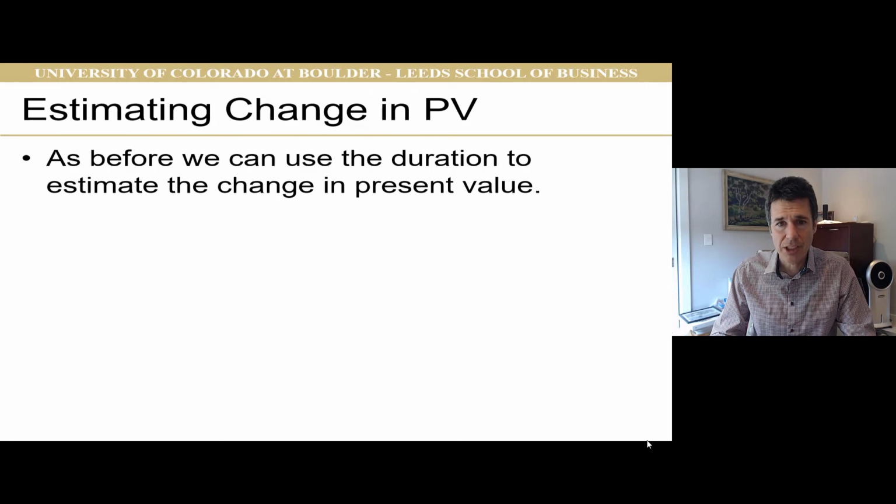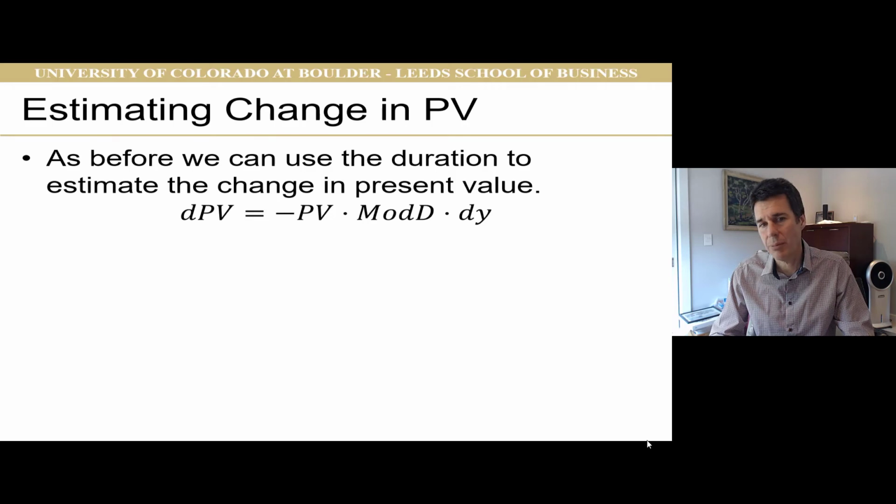We can estimate the change in present value using duration through the formula dPV equals negative PV times the modified duration times dy. So this is our standard differential equation, which would normally look like dPV equals PV prime dy, and then we substitute in the definition of modified duration and we get this formula.